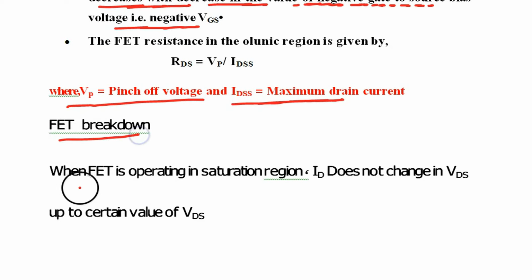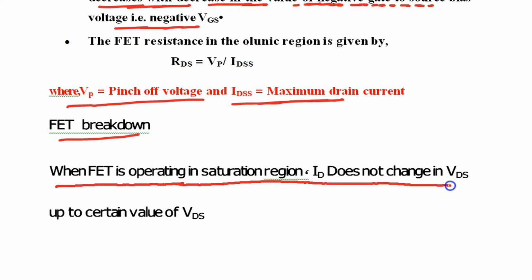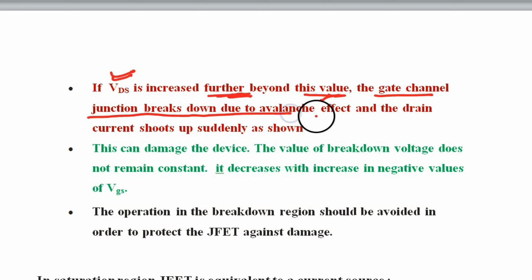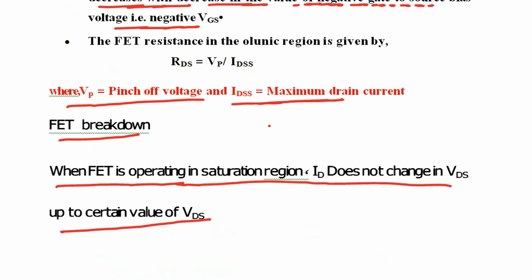So now FET breakdown. When the FET is operating in the saturation region, ID does not change with drain source voltage up to a certain value. If this is increased further beyond this value, the gate channel junction breaks down due to avalanche effect and the drain current shoots up suddenly.